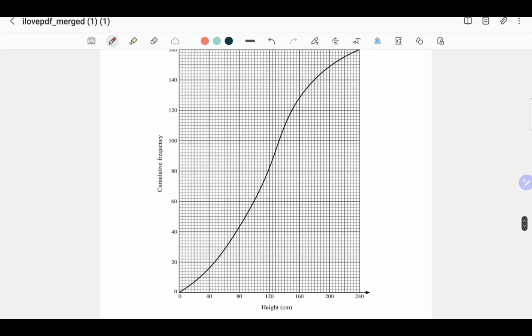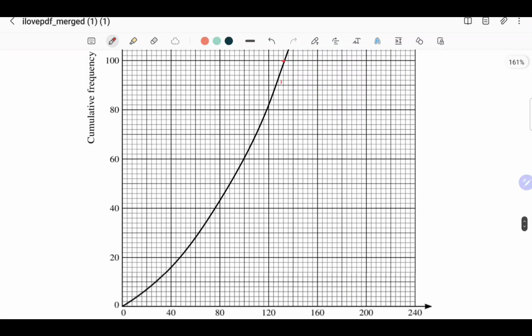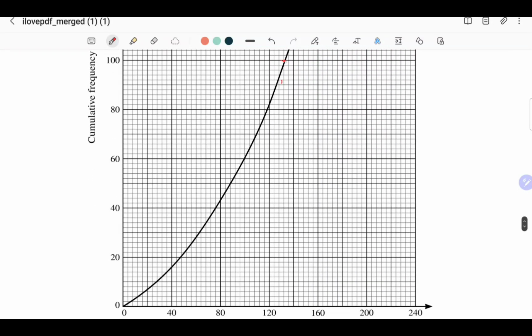Less than 100. Okay, it will intersect somewhere here. Less than 100, right? So this line will give us the answer. Oh yeah, here. So I think this gap is 10.